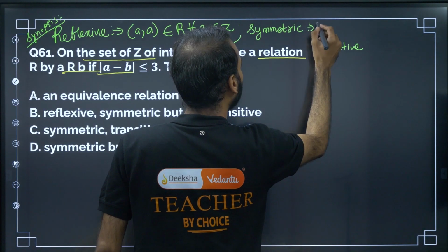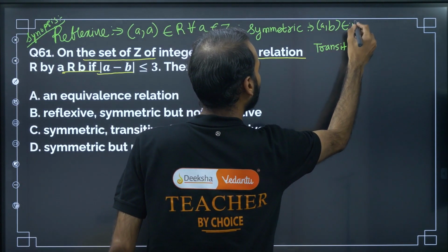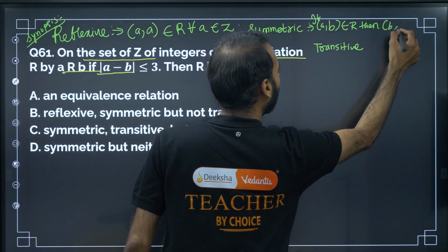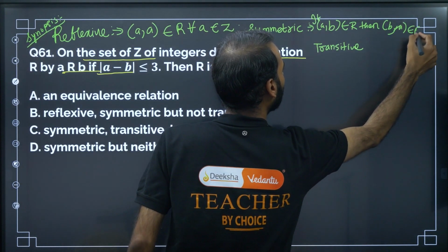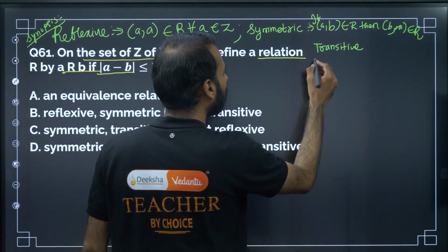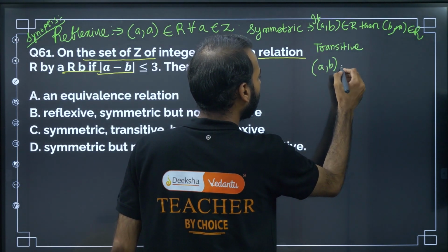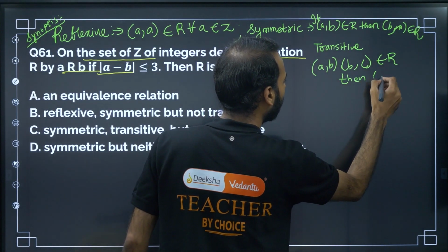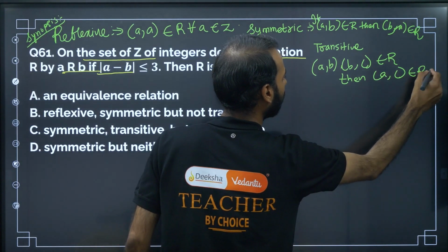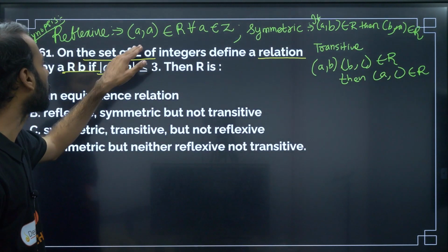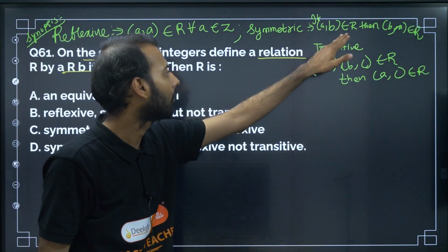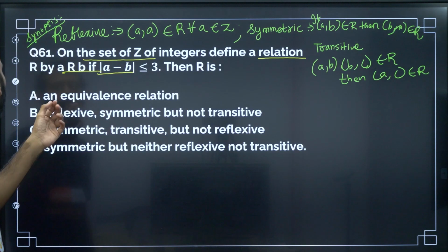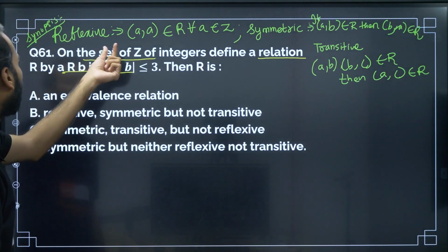For symmetric, if (a, b) belongs to R, then (b, a) should belong to R. For transitive, if (a, b) and (b, c) belong to R, then (a, c) belongs to R. So try to recall the synopsis. Now what they are asking is equivalence relation, so we'll start with reflexive.